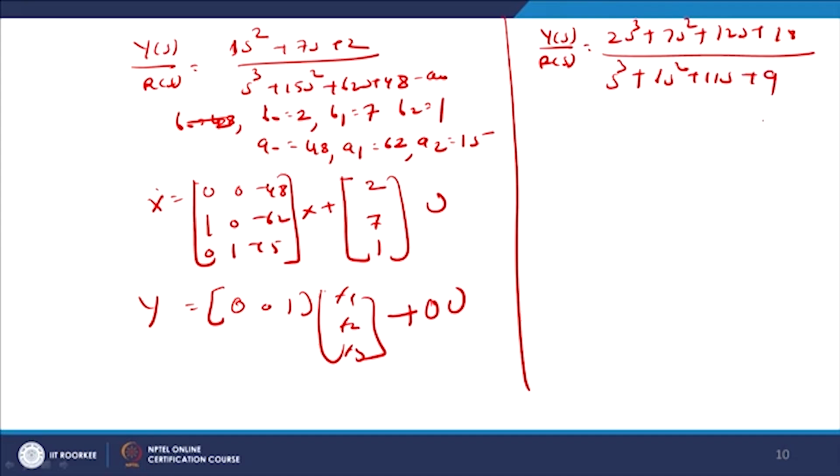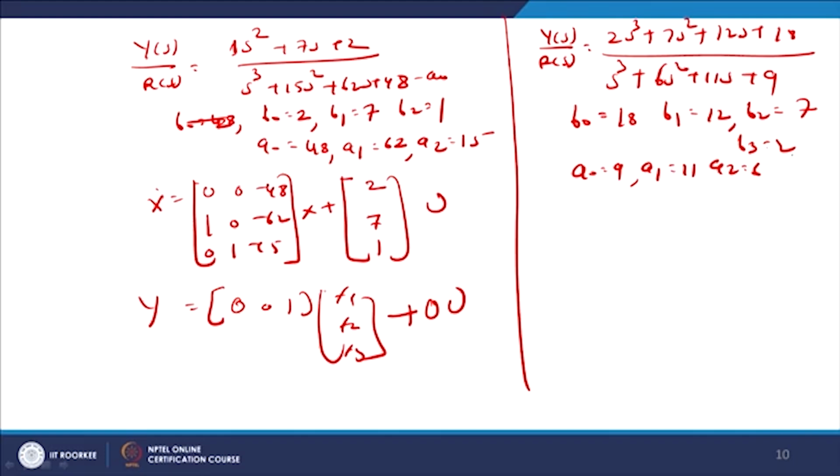This is the example. Now, again here b0 equals 18, b1 equals 12, b2 equals 7, and here b3 equals 2, and here a0 equals 9, a1 equals 11, a2 equals 6.